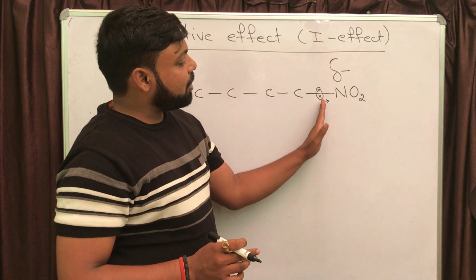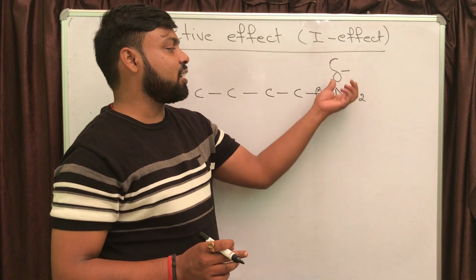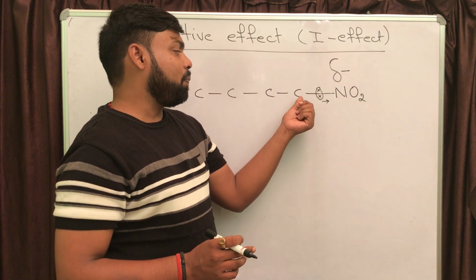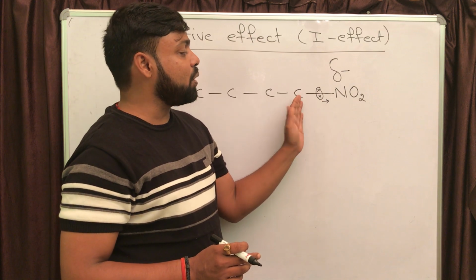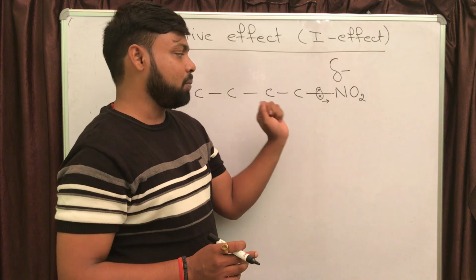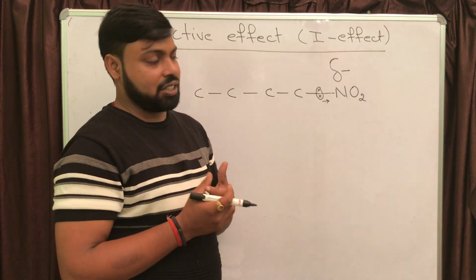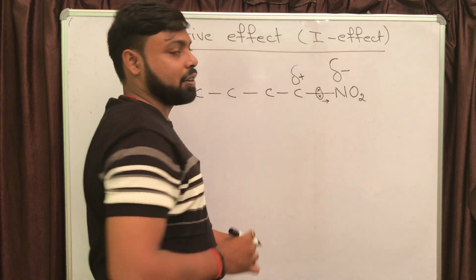Next, if the pair of electrons is slightly shifted towards the nitrogen and nitrogen is getting a delta negative charge, then I can say the electron of carbon is moving away from the carbon atom. So this carbon atom will acquire some positive charge, represented by partial positive charge, delta positive.